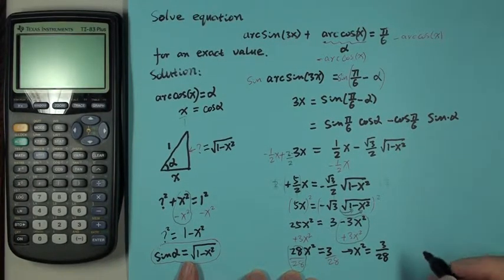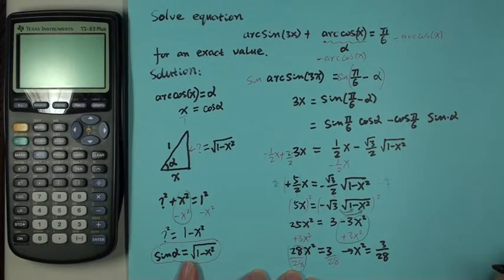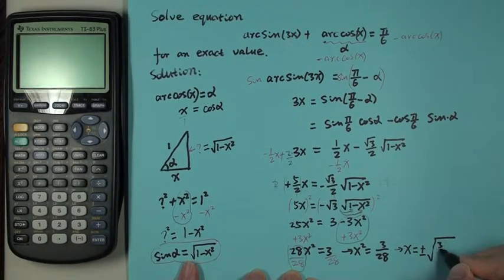And then you can choose the square root. So x is positive negative radical 3 over 28, and 28 is 4 times 7, huh?